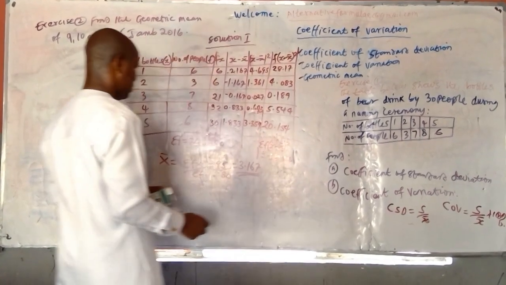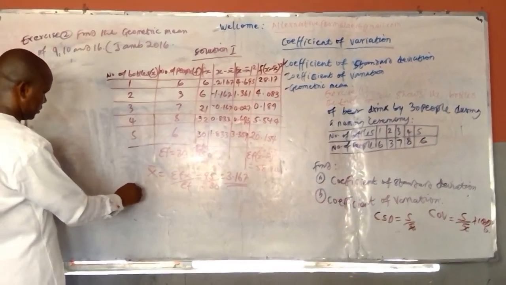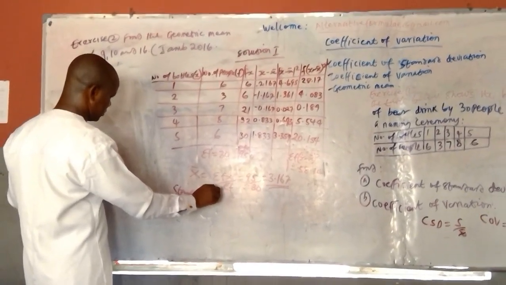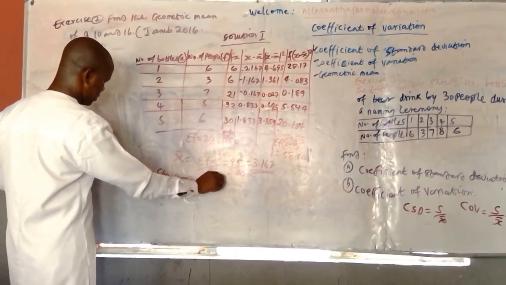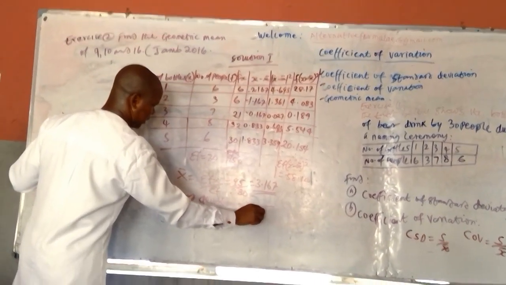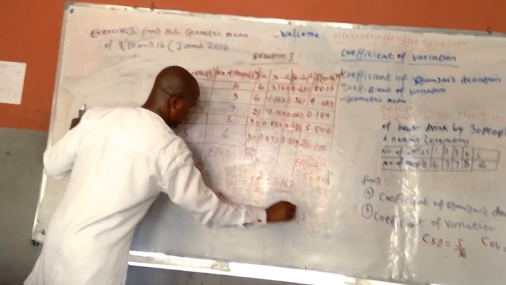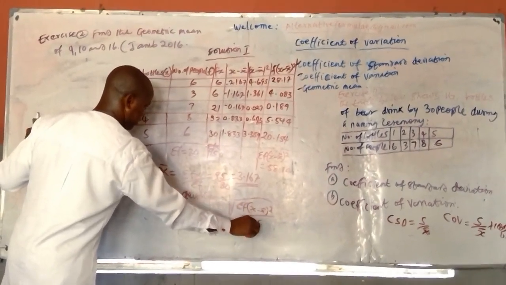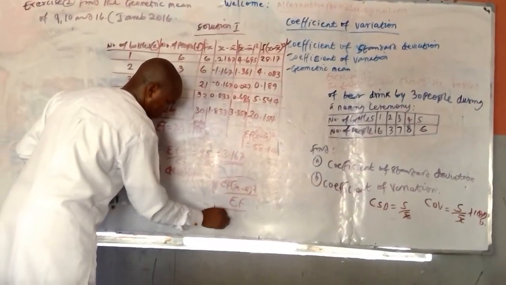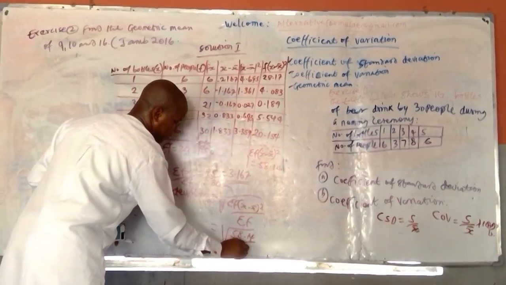So you come back and recall that standard deviation is given by this formula: the square root of sigma f times (x minus x bar) squared all over sigma f. So far we have gotten this. We are saying the root of 58.14 all over 30.